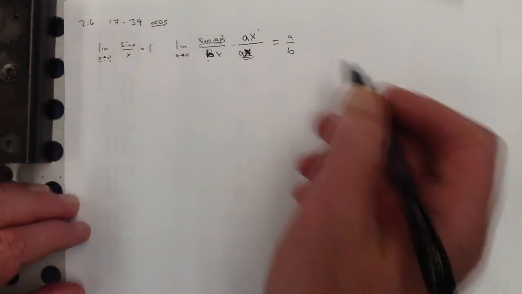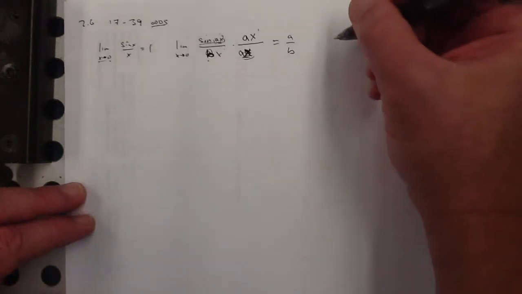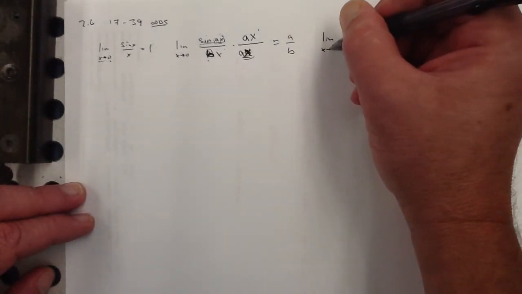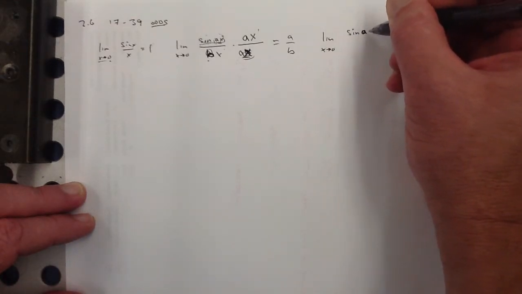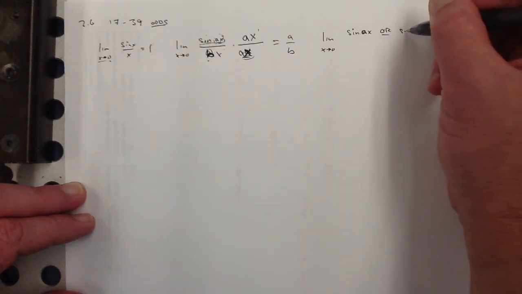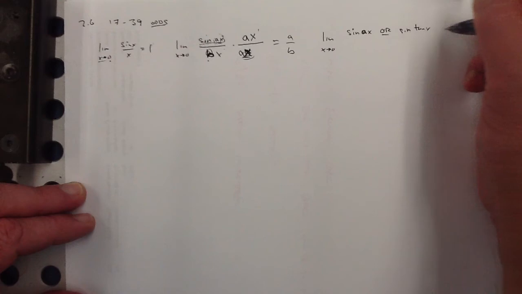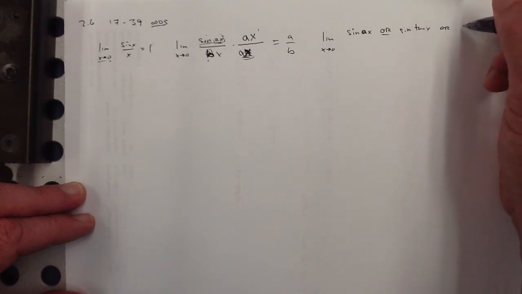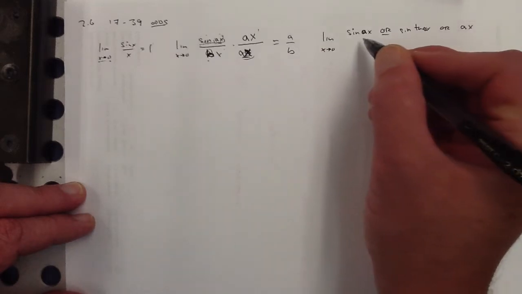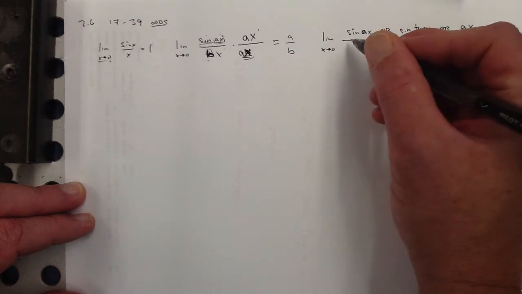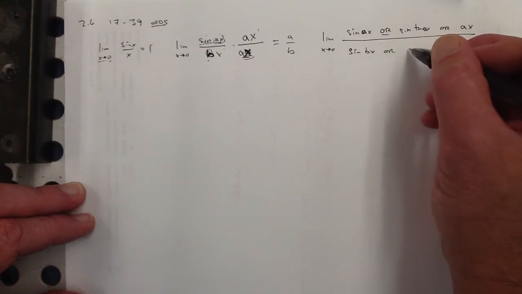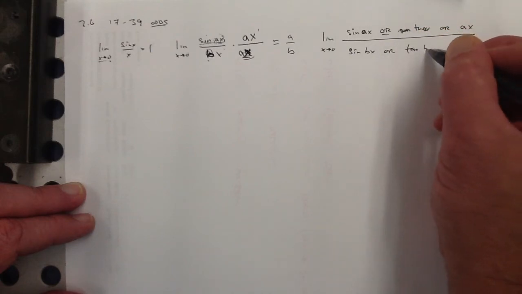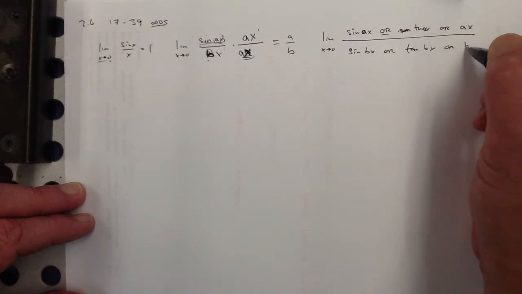And then doing similar tricks to this, it turns out that if you have the limit as x approaches 0 of sine of ax, or tangent of ax, or just ax by itself over any combination of sine of bx or tangent of bx or just bx by itself.